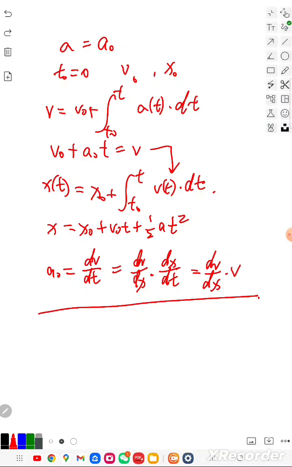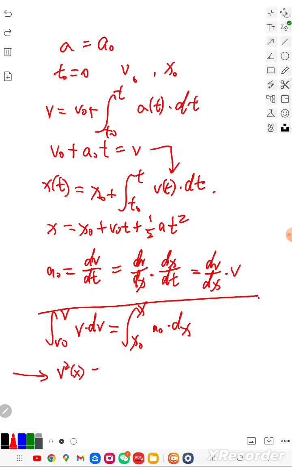So we integrate on both sides: the integral from v0 to v of v dv equals the integral from x0 to x of a0 dx. Since a0 is a constant, we get the following relationship: v squared, which is now a function of x, equals v0 squared plus 2a0 times (x minus x0).